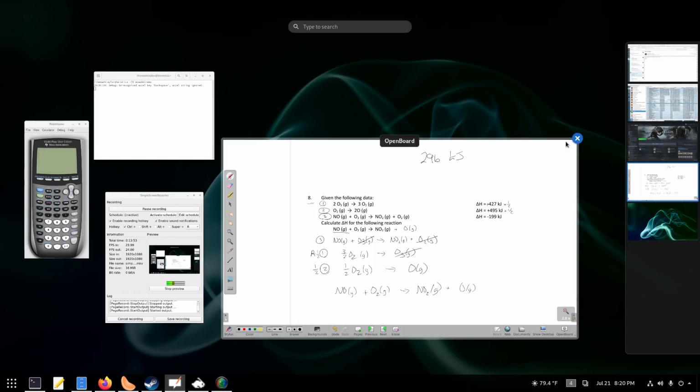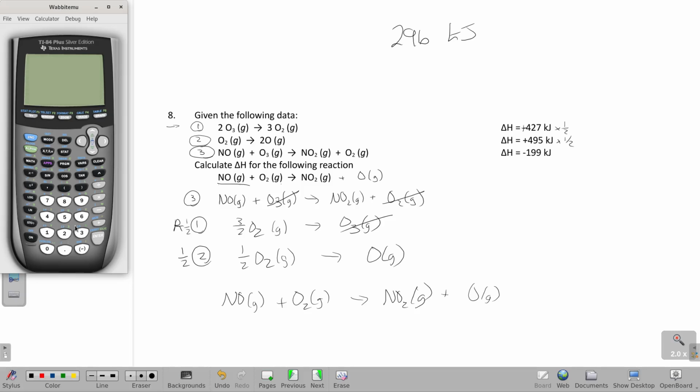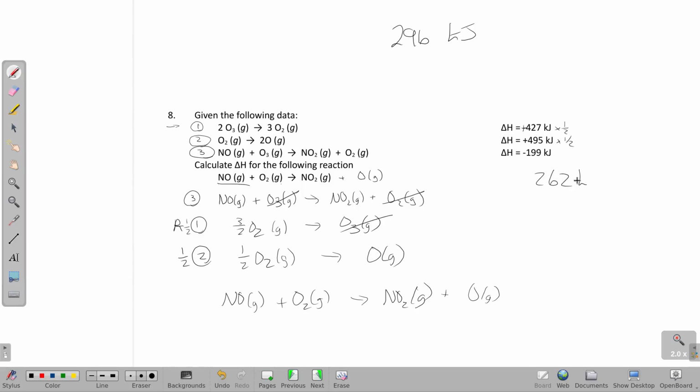Alright, so the first two become positive values, the last one becomes negative. So we have 427 times 0.5 plus 495 times 0.5, and then minus 199. And we get 262 kilojoules, which is what that equation works out to be.